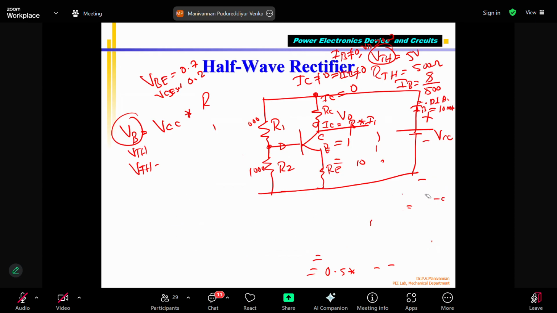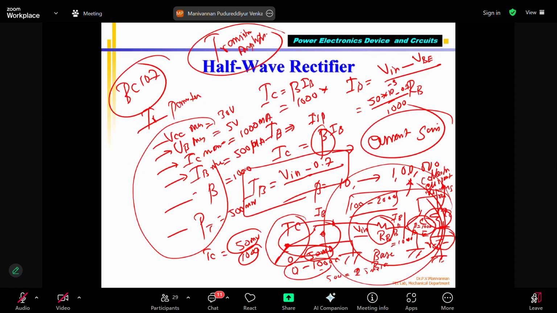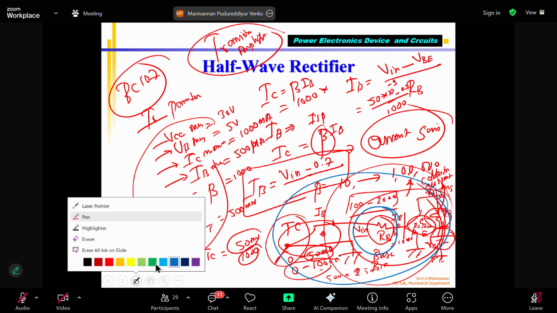If I want to amplify sensors whose input voltage is microvolts or millivolts, and I directly connect to the base of the transistor using this circuit, which circuit? This circuit. So without base bias. This circuit is without base bias.